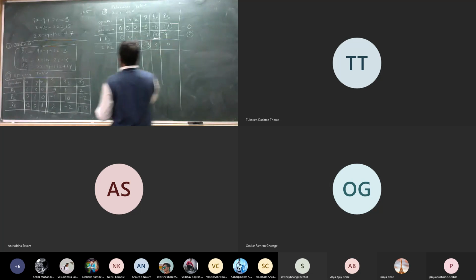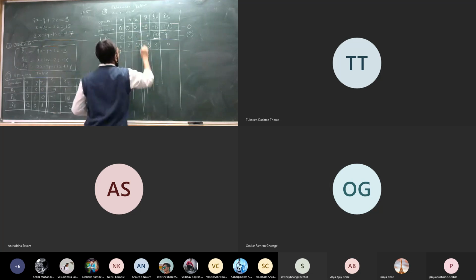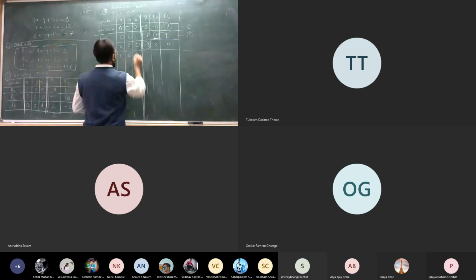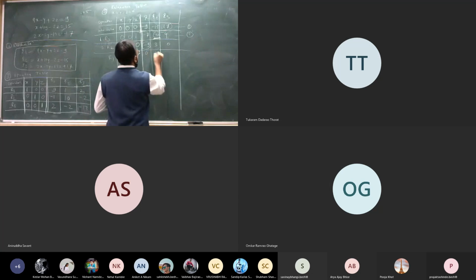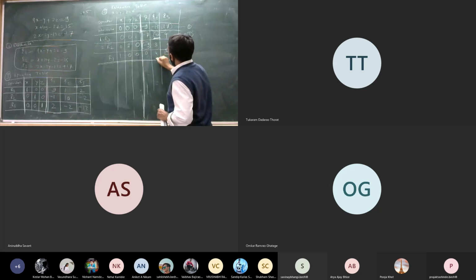-9 3 0. Again 9 would be largest. At R1 you have to operate. Okay, so R1, 1 0 1, that is 0 4 2. So first operation is over here, but you can see 0 4 2.